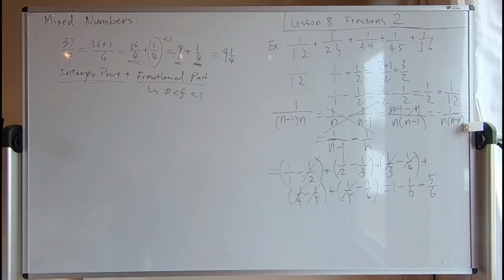So why do we want to write in this form? Because this sometimes helps give a sense of how large or how big the number is. If I tell you that I'm 37/4 hours from finishing a job, then you don't have a sense of how long exactly this time is. It's definitely not 37. It's also not 4. How long it is, I have no sense.